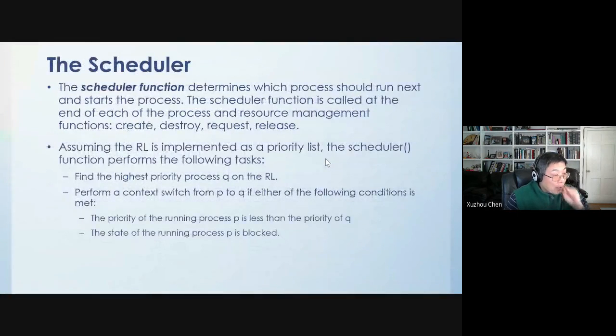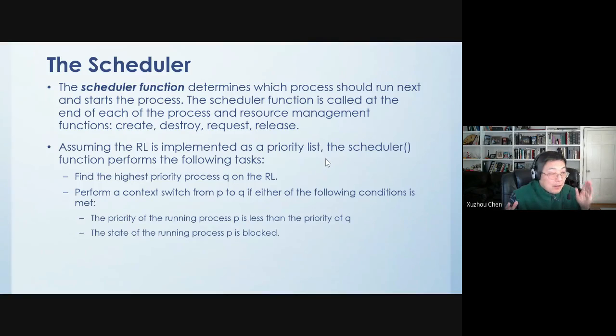Okay, now let's talk about the scheduler. The scheduler is done using something called a scheduler function. The scheduler determines which process should run next, and it starts the process. So the scheduler is very powerful, right?